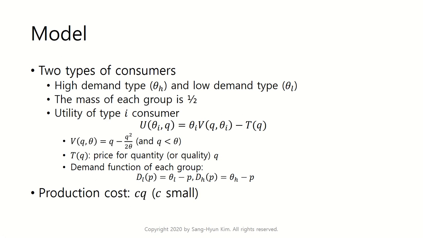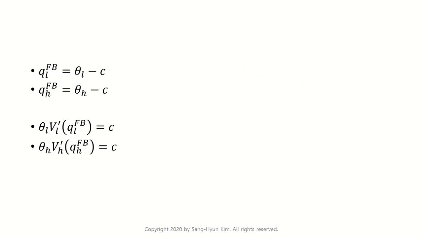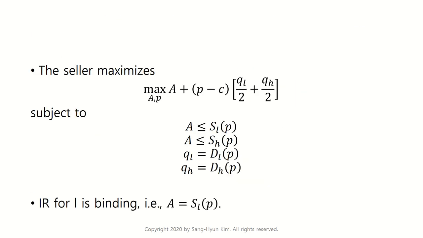DL is theta L minus P. That's the demand function. And DH is theta H minus P. So QL is theta L minus P, and QH is theta H minus P. So these are demand functions.